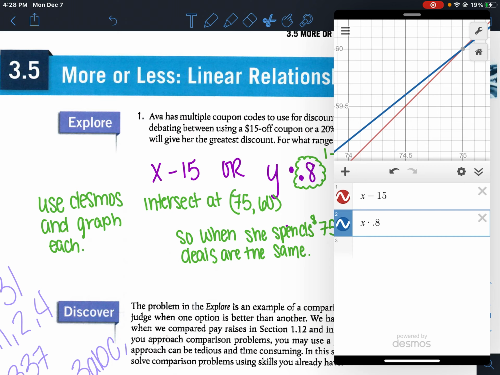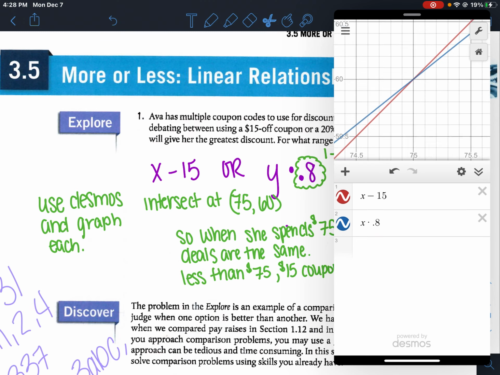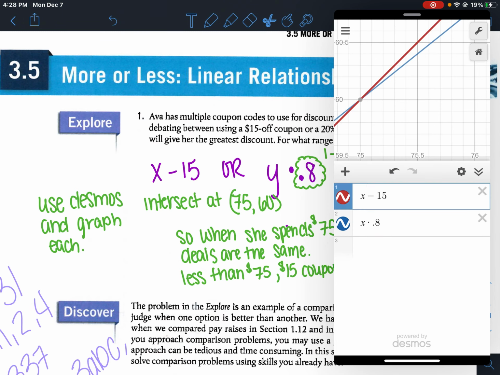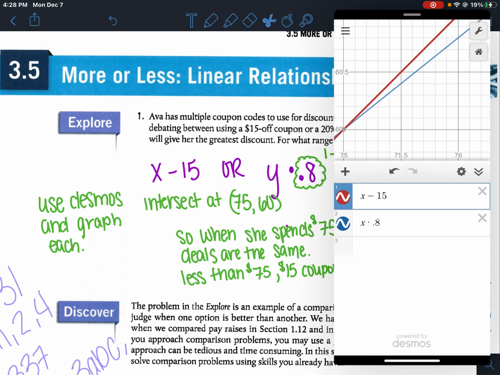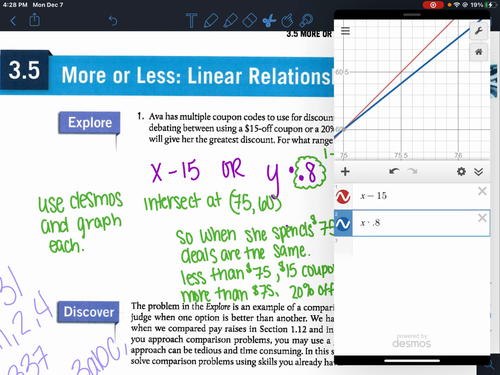So if the item is less than $75, my red line, which is my $15 off coupon, that one's going to be better. So less than $75, $15 coupon is better. And if it's greater than $75, so I'm looking to the right of that intersection point, the blue line is going to be the better deal. So more than $75, the 20% off coupon will be better.